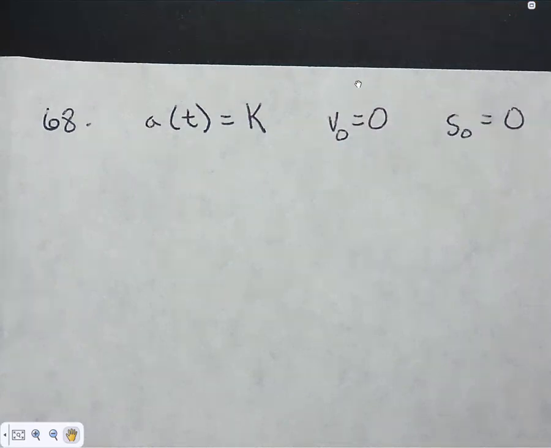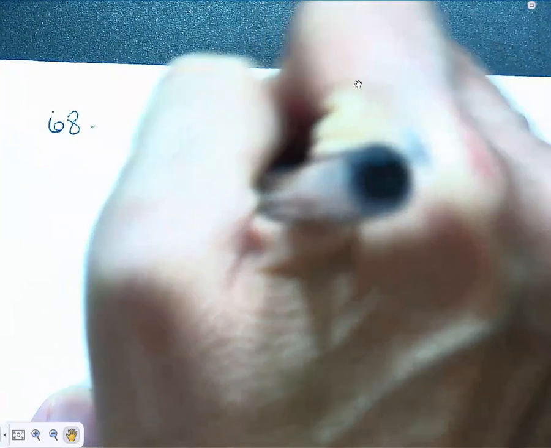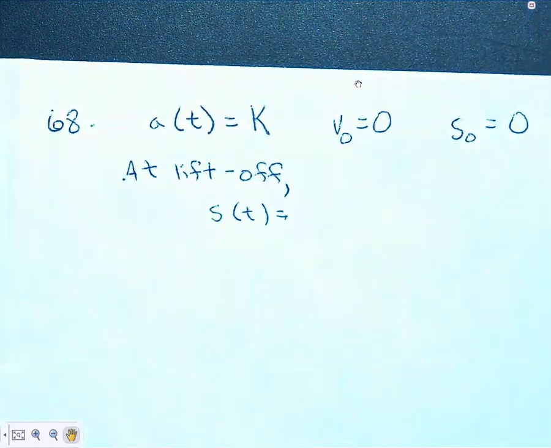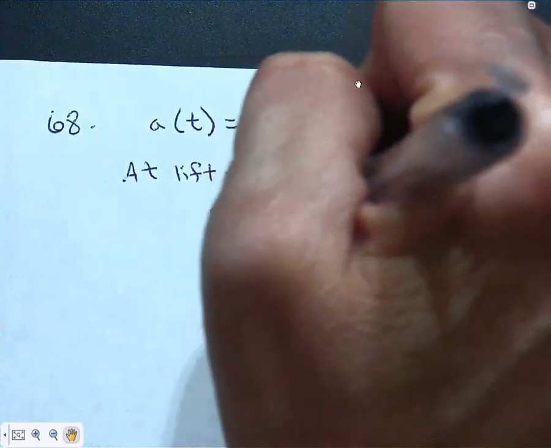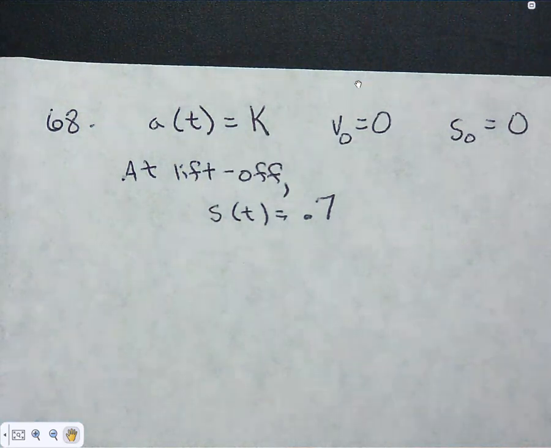That's liftoff. So again, let me use some words here. At liftoff, Sam's saying the position is 0.7 because the distance from the beginning of the runway to the point of liftoff was 0.7, what is that, miles?